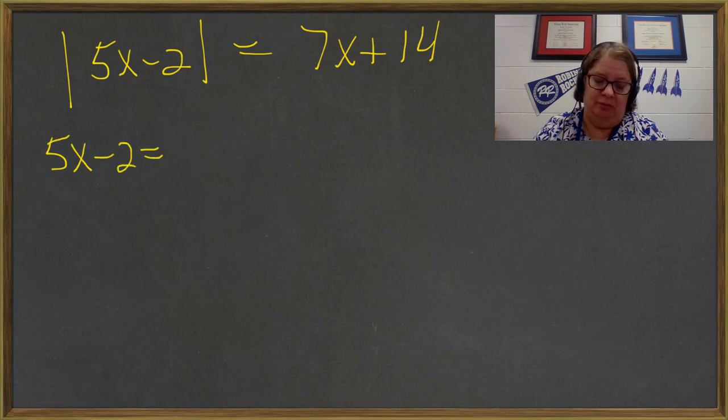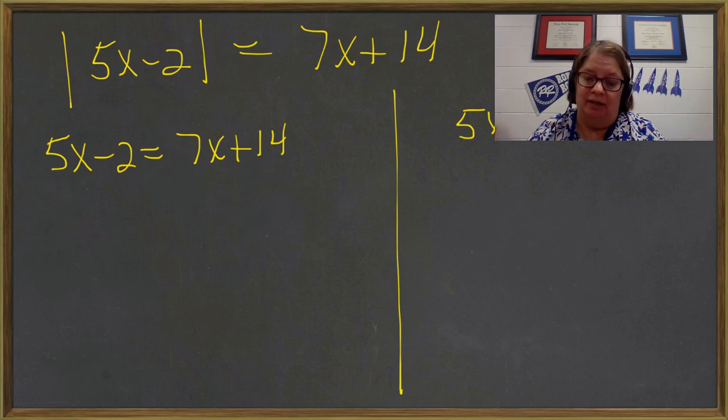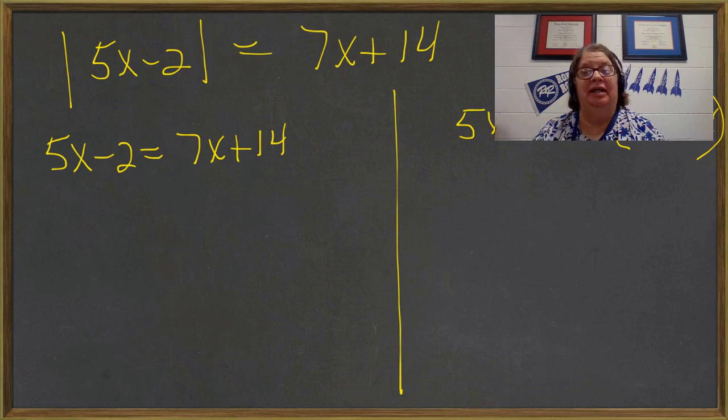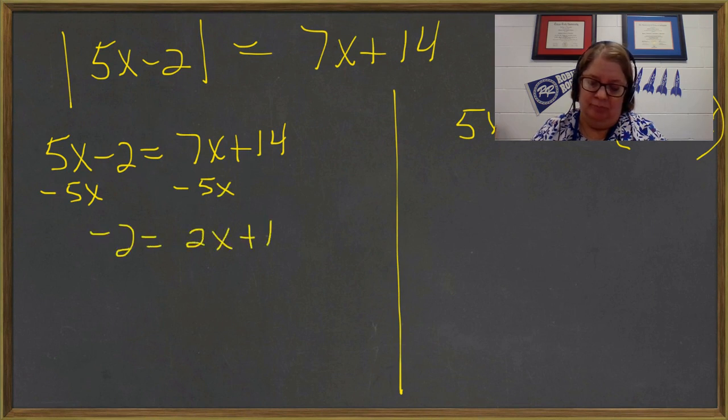5x minus 2 equals 7x plus 14, and 5x minus 2 equals negative (7x plus 14). Parentheses because the negative goes to both terms. Okay, let's solve this side. Get all the x's to one side. Subtract 14.